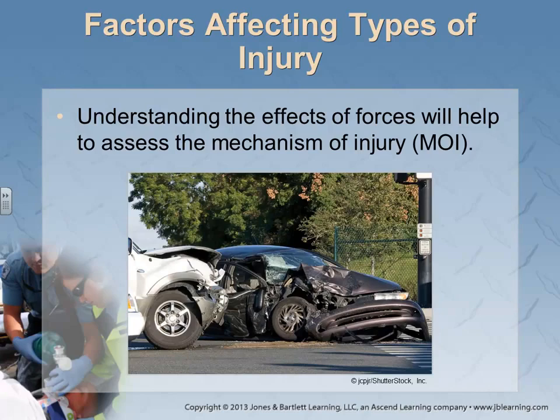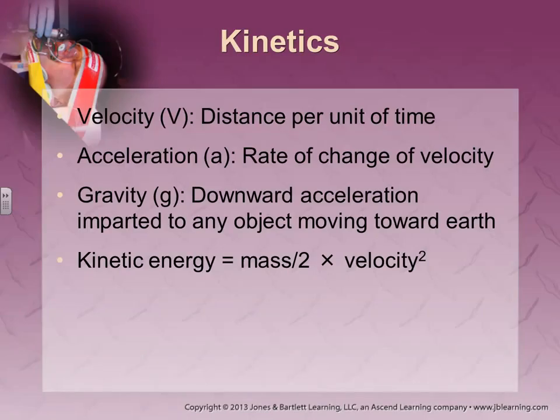Because if you have two objects going at a certain speed, those two speeds combine. So we're looking at the size, how fast, and typical injury patterns that we would expect with this type of vehicle collision.